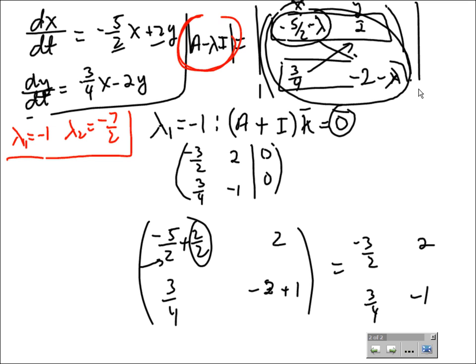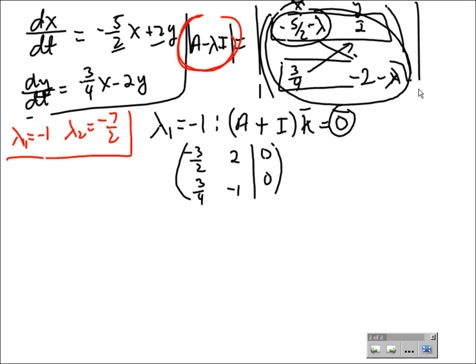We want to solve this system of equations using matrices. Now, I noticed that if I double the second row, R2, I'm not doing anything to the first row, you get 3 halves and -2.